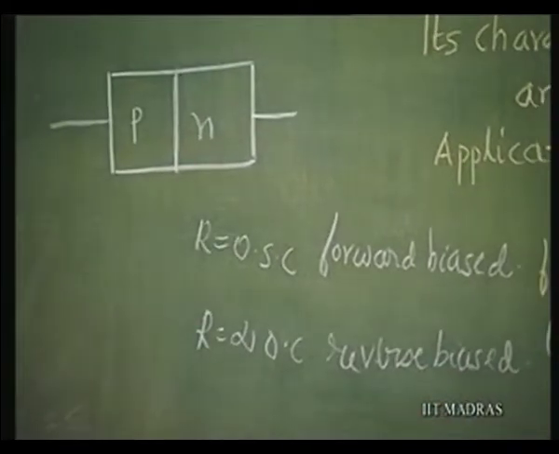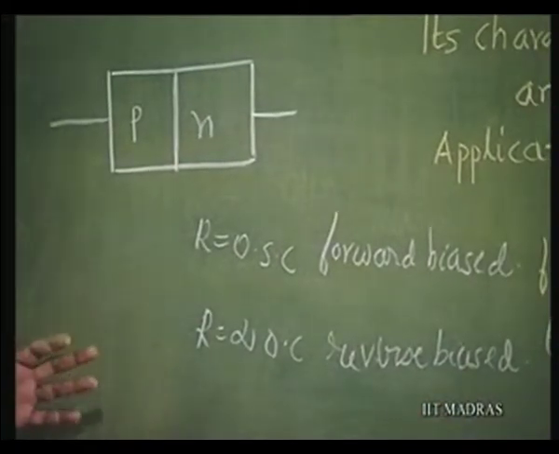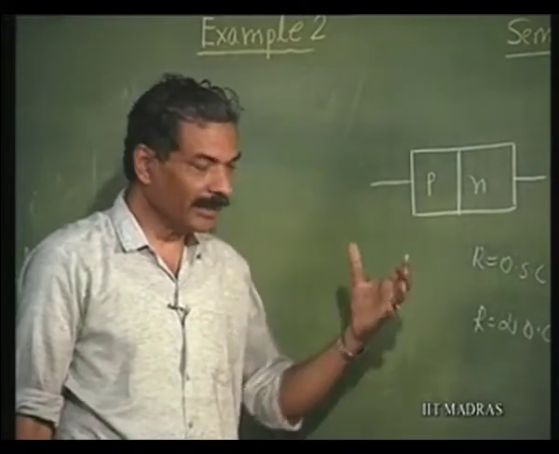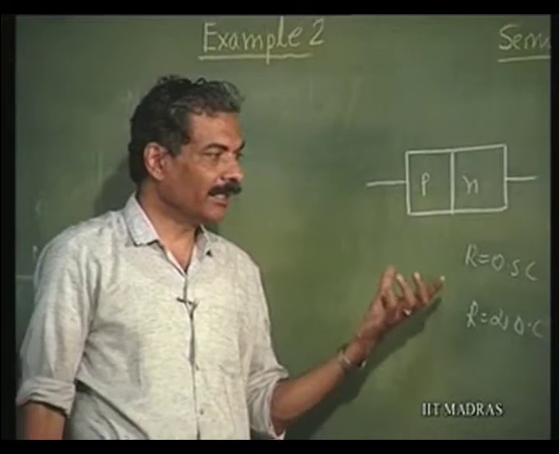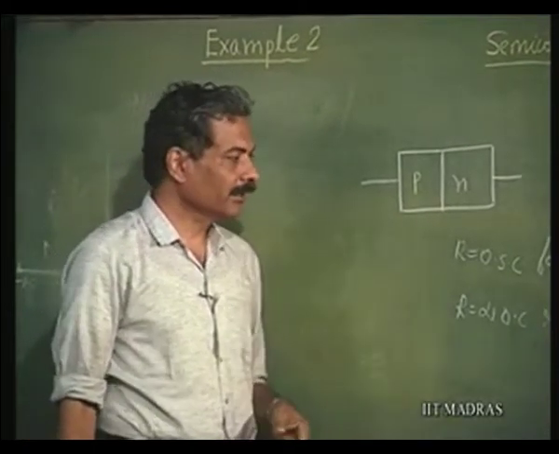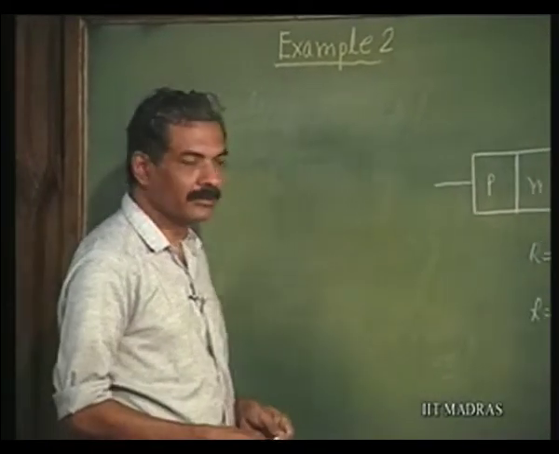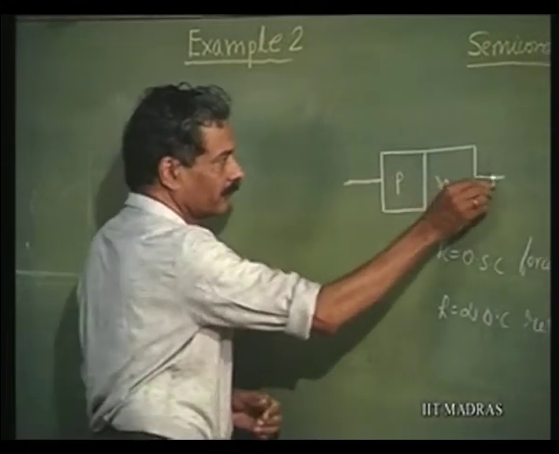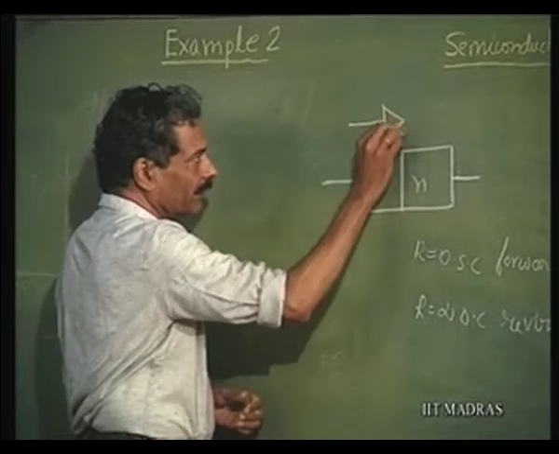So, by applying a current, you can forward bias the diode. By applying a reverse bias voltage, you can block the current in the diode. So, this semiconductor diode, the symbol is this.